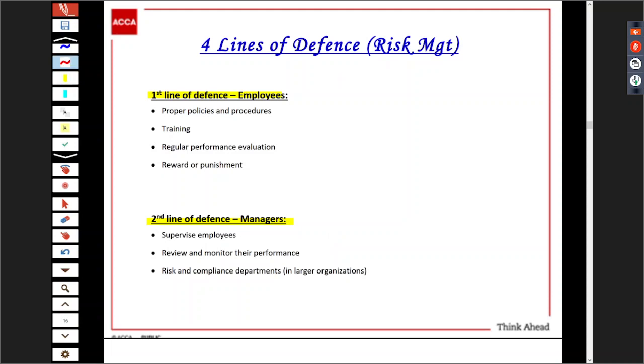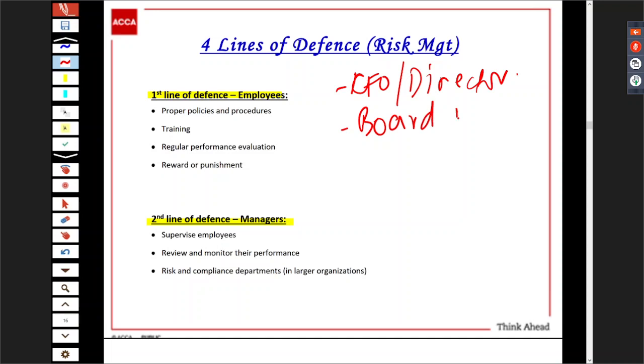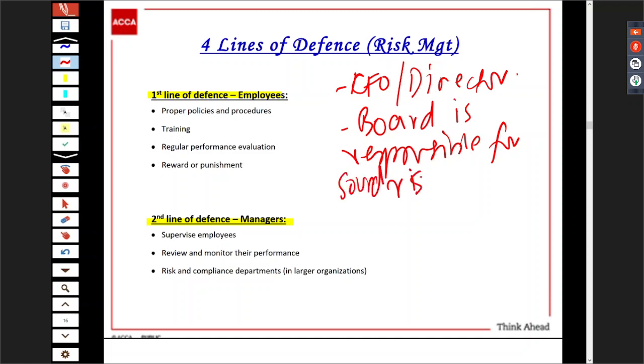Imagine I'm the CFO or the director of my company, right? The board overall is responsible for the company, correct? The board is responsible for the company and sound risk management.